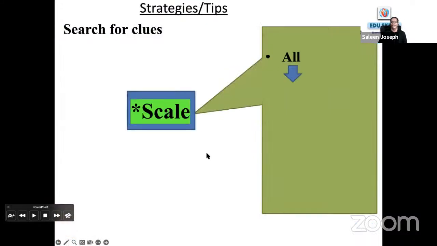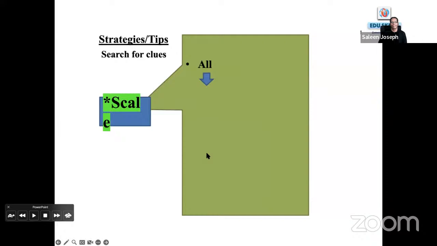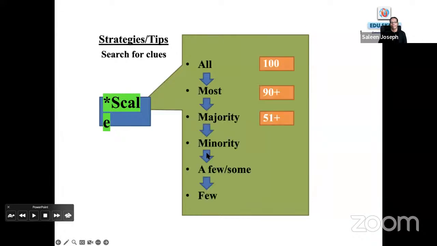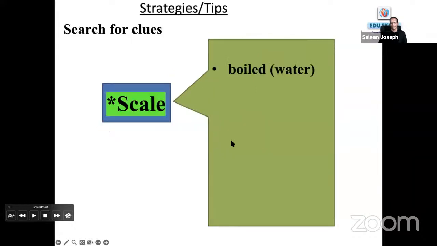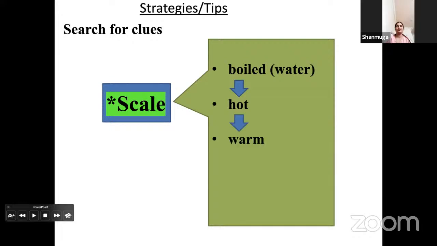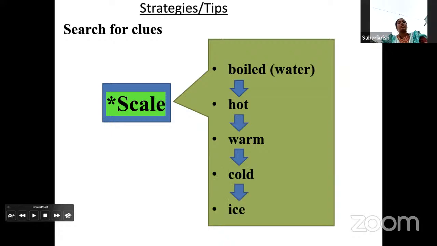Okay, now scale words like most, many, a few, some, few. That's all already known to you. These are scale expressions. Now, other expressions I explained to you. Boil, what is next? Hot, warm, cold, ice.